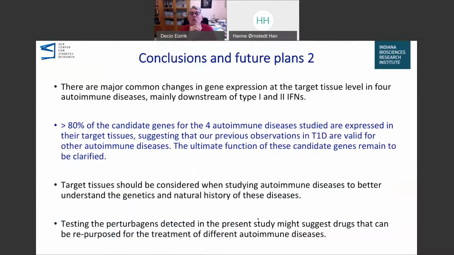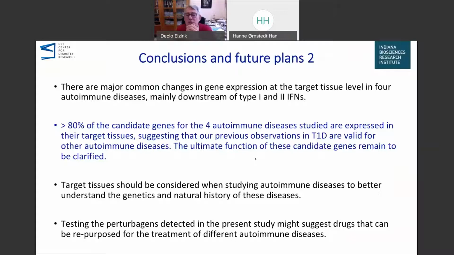The second conclusion is that there are major common changes in gene expression at the target tissue level in 4 autoimmune diseases, mainly downstream of type 1 and 2 interferons. 80% of the candidate genes for the 4 autoimmune diseases studied are expressed in their target tissues, suggesting that our previous findings in type 1 are probably valid for other autoimmune diseases.